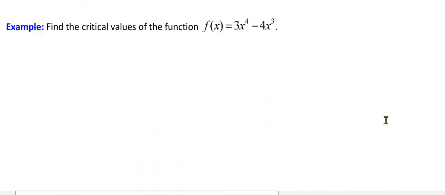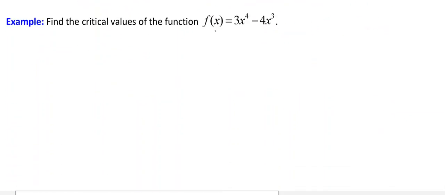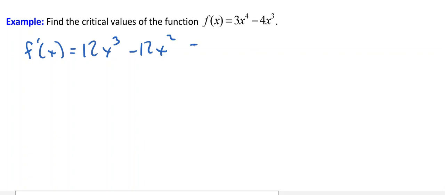In the next example, fairly similar. The first derivative is 12x cubed minus 12x squared. There's no division by 0, so there's no place where the first derivative is undefined. We can set it equal to 0. To solve this, the first thing we want to do is factor out the common factor of 12x squared.